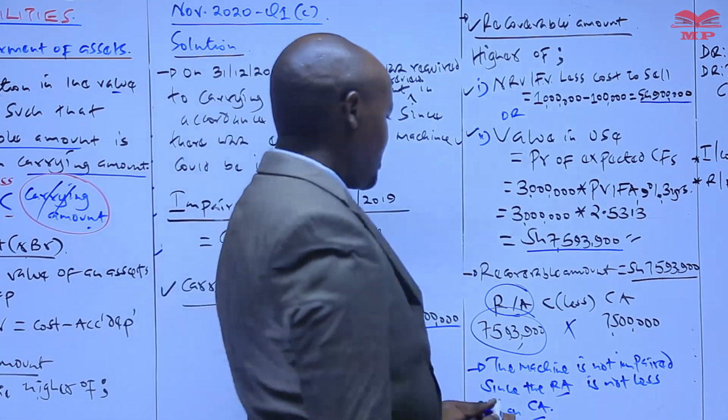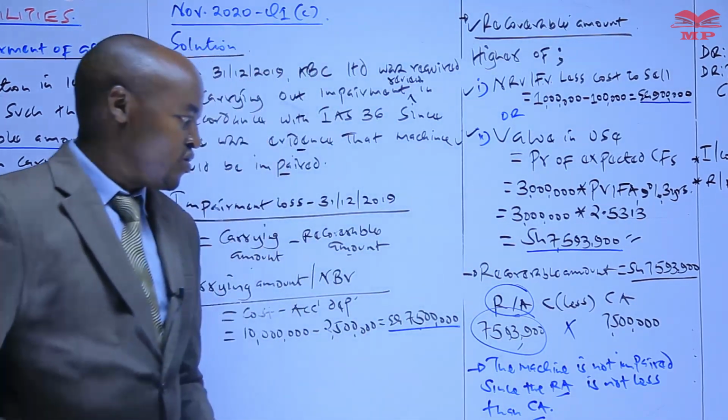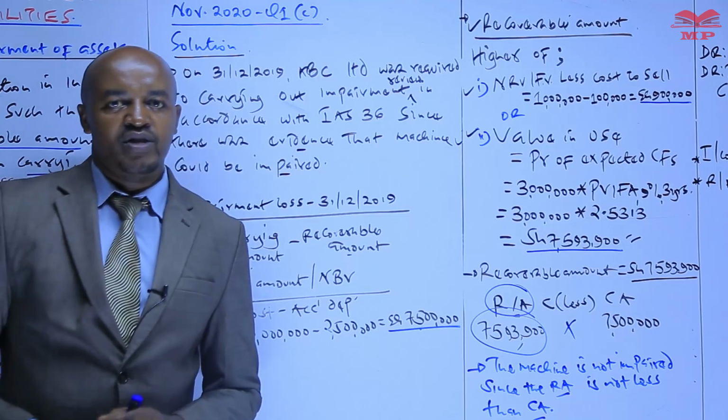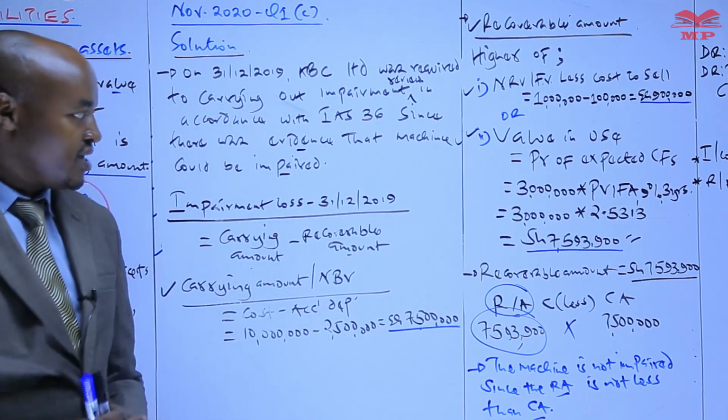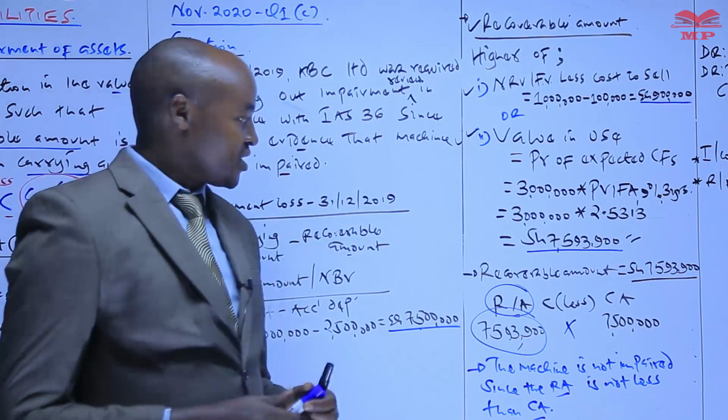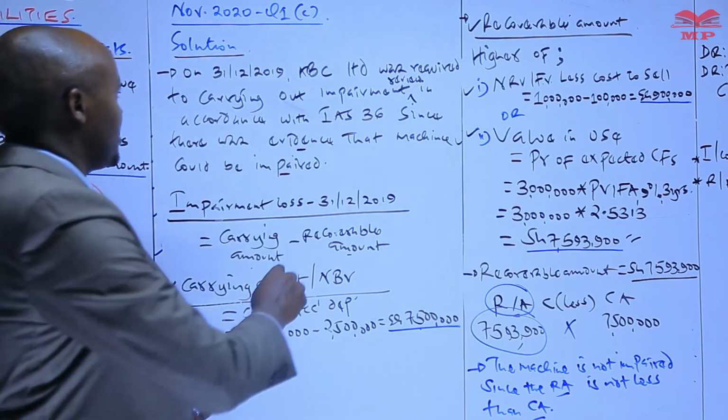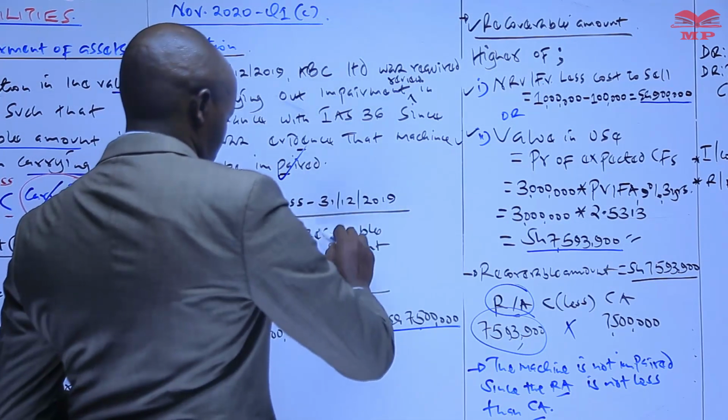And that means that no impairment loss will be recognized simply because our asset is not impaired. So therefore that is what was required as far as that question was concerned.